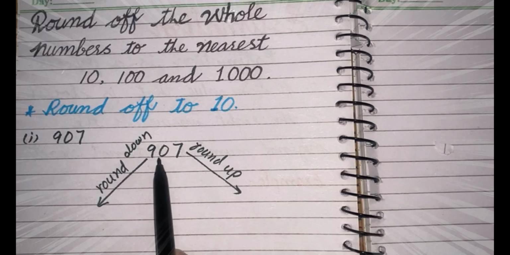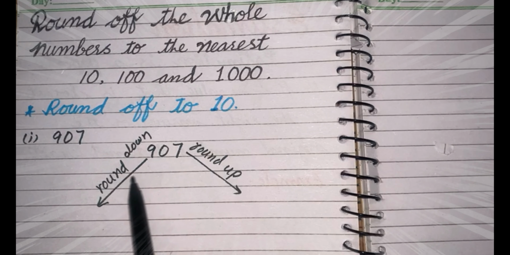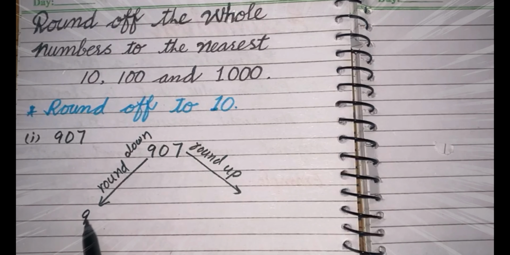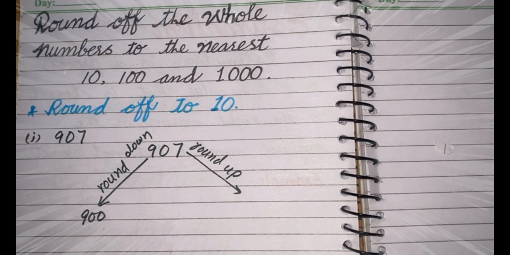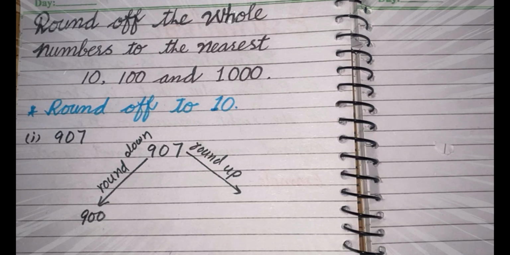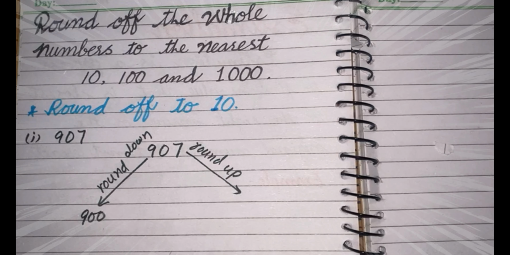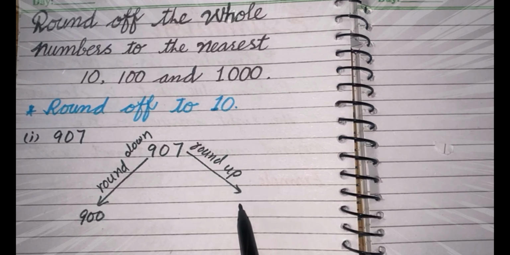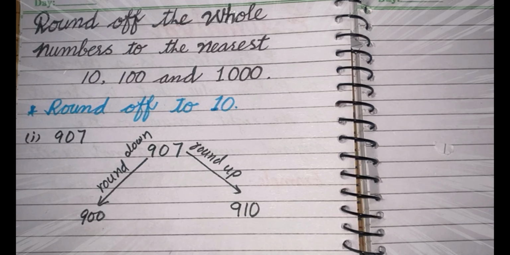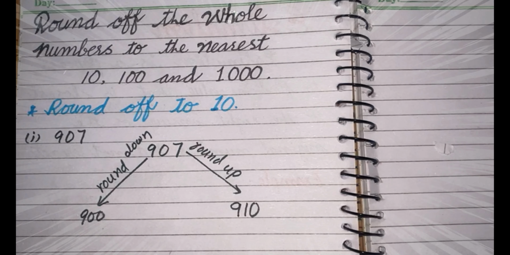First we write 907 rounded down to 10, that is 900. And if we round 907 up to 10, that is 910. Now, which is the correct one, 900 or 910?